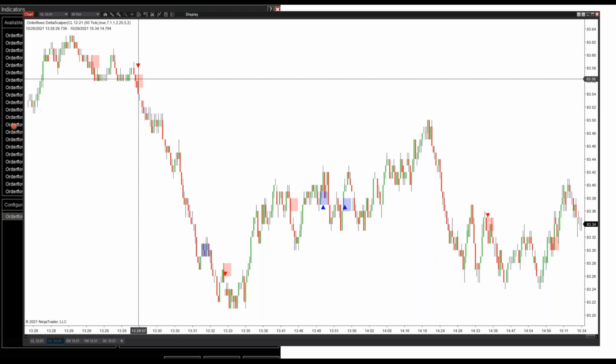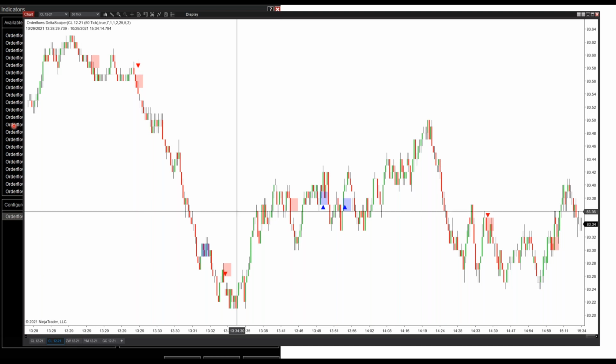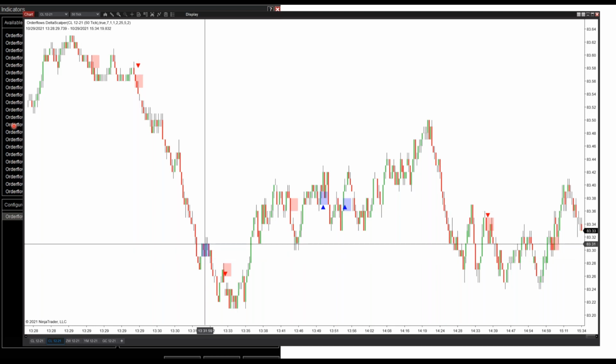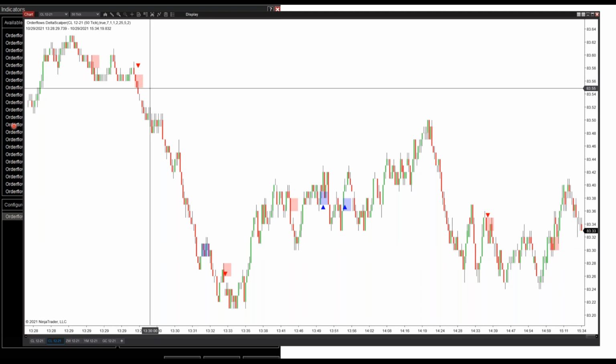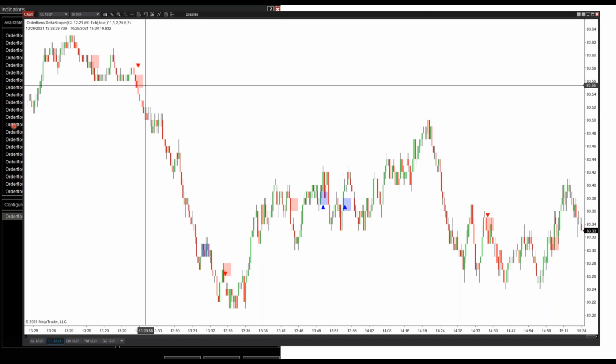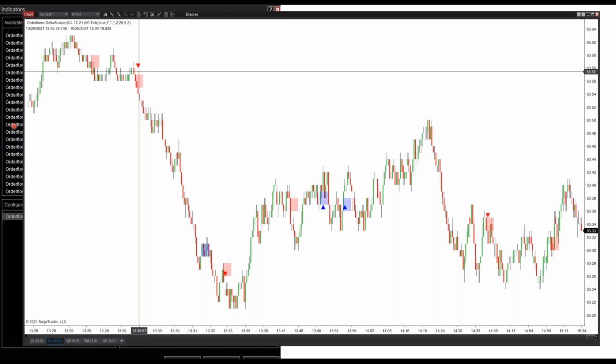And that's important because, for example, if you're not using the trade entry signal, as soon as the conditions are met in the bar, it will give you the down triangle.